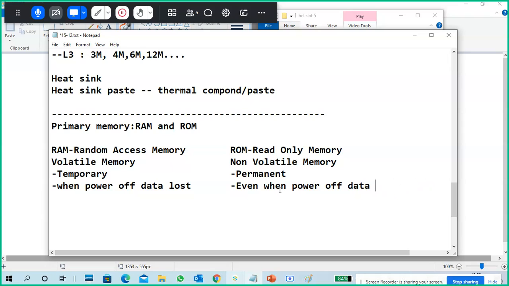Okay, very simple words. Meaning is no data loss. So that is the RAM and ROM differences.